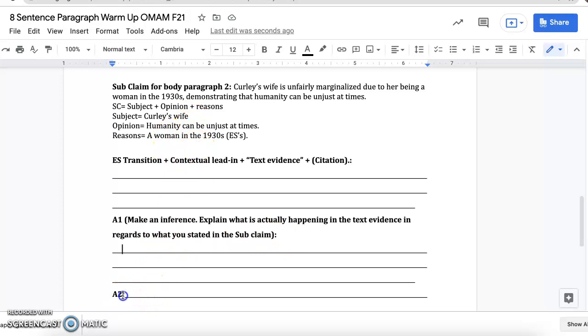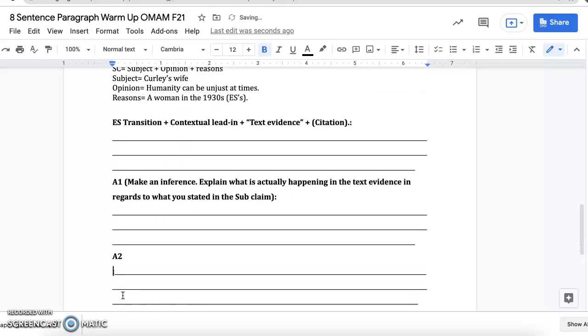And then your A2 would be to explain, well, first of all, I'm jumping ahead, provide an opinion, first of all, then explain how the action, or what's actually happening in the ES, supports both the subclaim and the main claim.